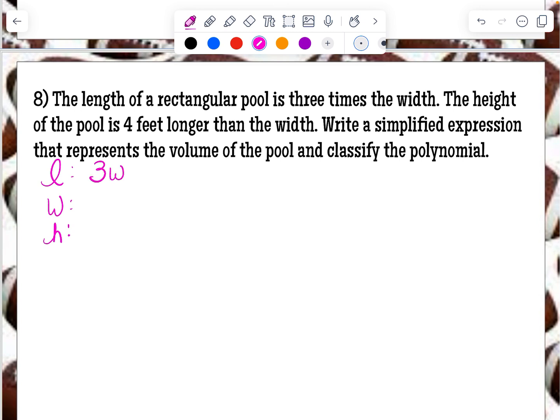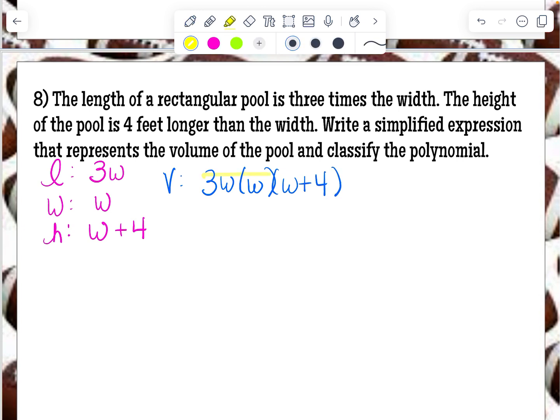The height is 4 feet longer than the width, so it's the width plus 4. And then the width again is just width, because we're basing the length and height on the width. So we're going to multiply these. To find my volume, I'm going to take 3w times w plus 4.